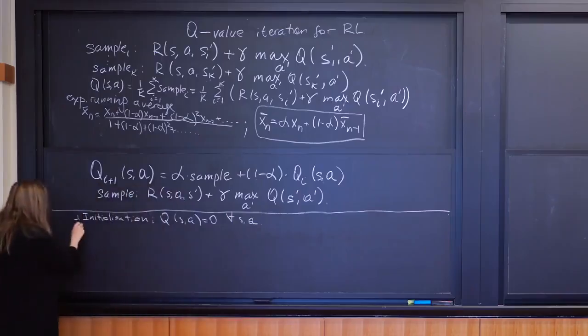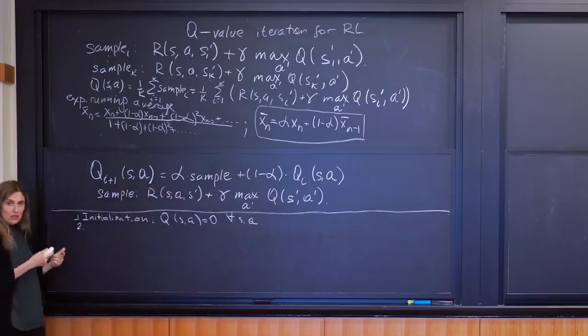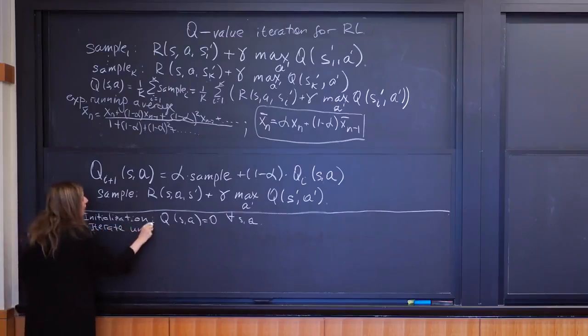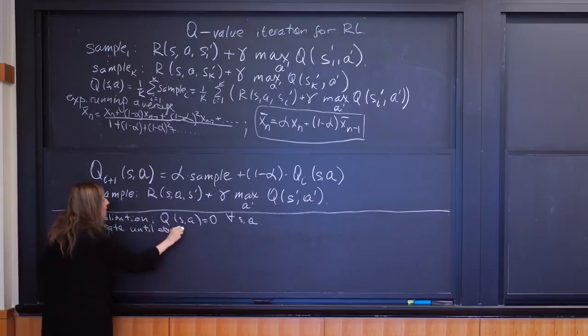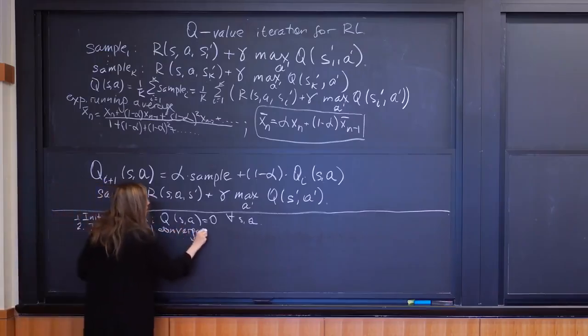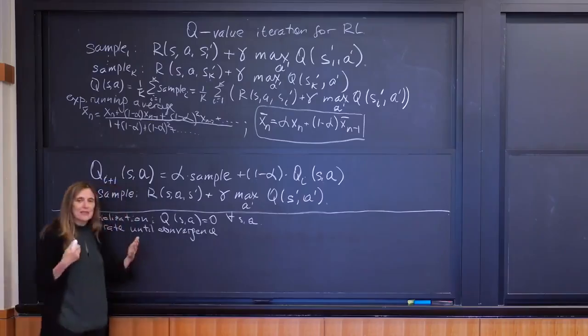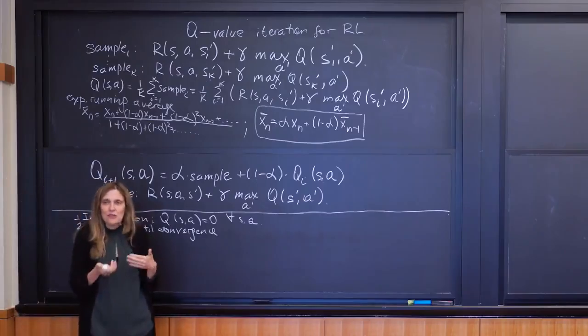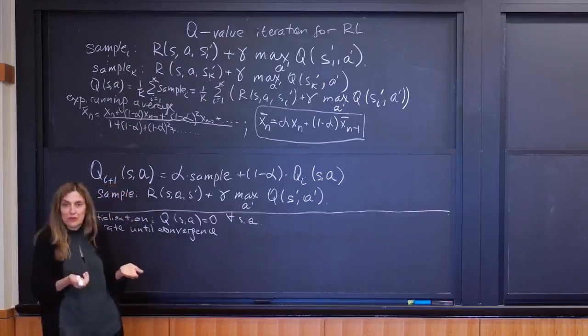And then we are going to do our iteration. We will iterate until convergence. And by convergence, we mean when the difference in values between two consecutive steps is substantially small. You can define how small you want it to be.